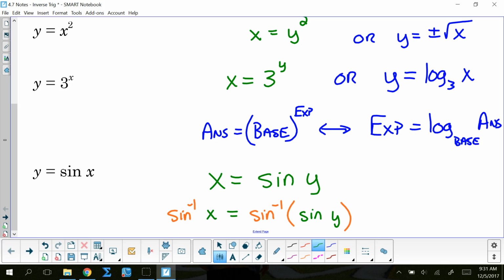When you take the inverse of the function, what happens? Doesn't it just cancel out?